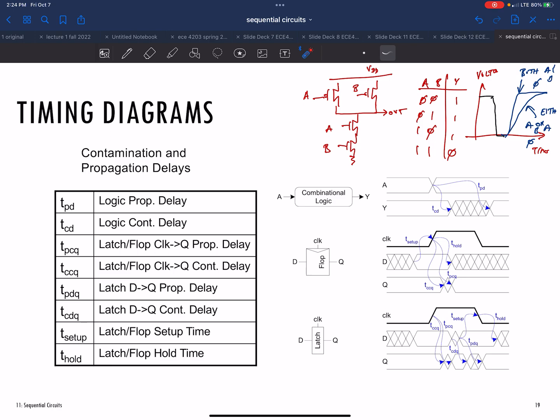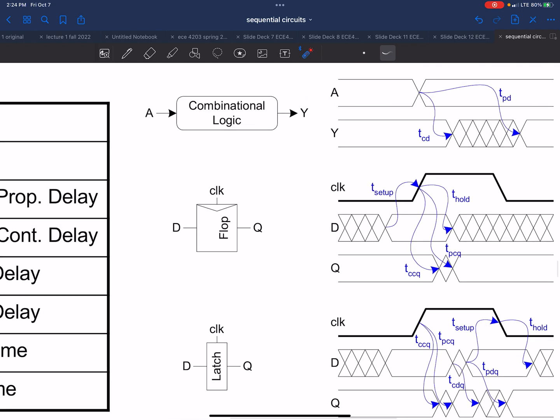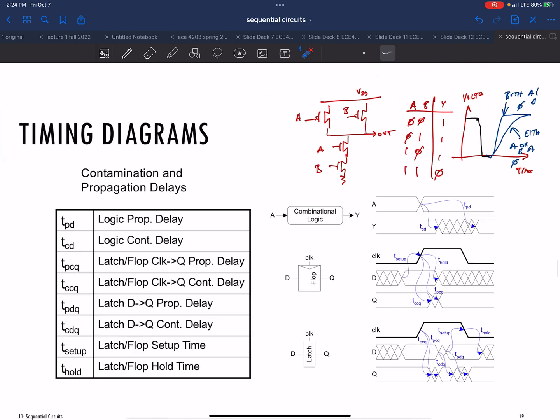So you have this CQ, the second C-Q, which is the clock to Q delay. Q is the output of the flip-flop or latch, and clock is the clock, so it's the clock to Q delay.